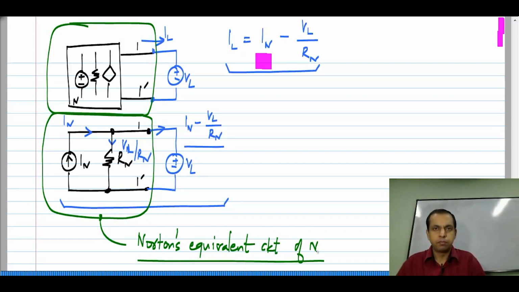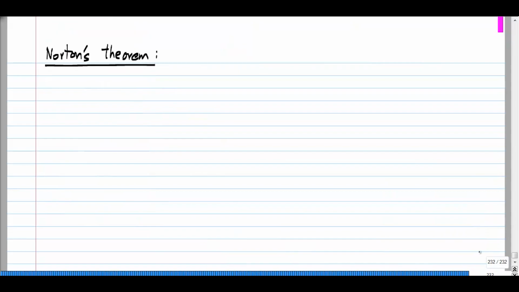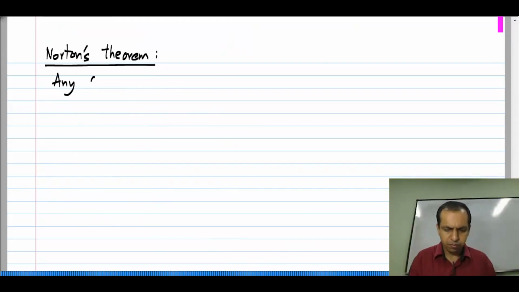Okay. So, as I said, it is the dual of the Thevenin's equivalent. There we have a voltage source, here we have a current source. Okay. We can state Norton's theorem in a way similar to Thevenin's theorem.